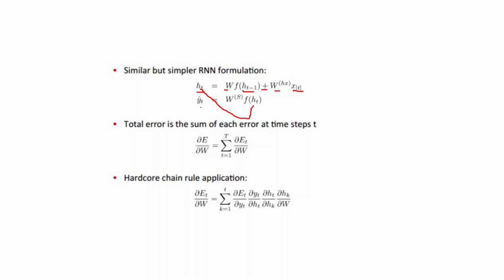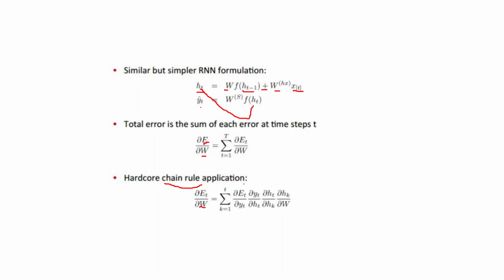So I'm going to compute the loss with respect to weight. I'm going to compute a derivative, or partial derivative, of the loss, and that particular loss depends on yt, that is my output.